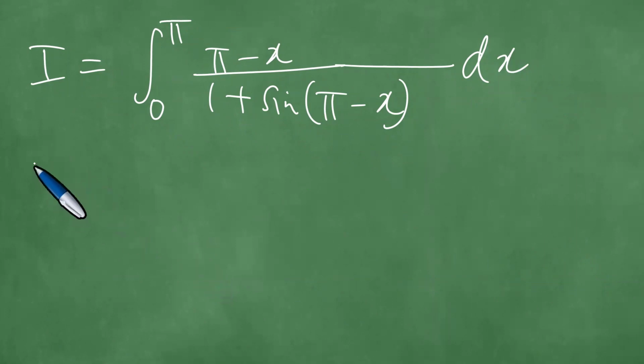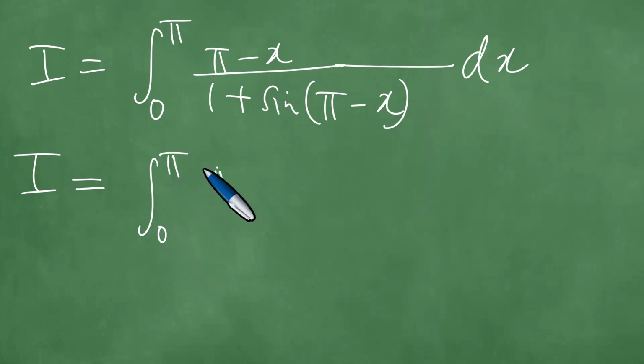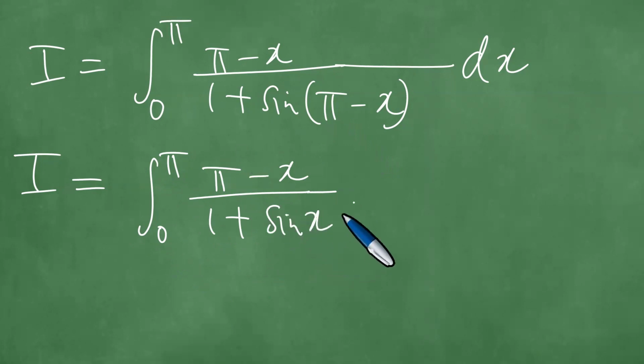Now in the end, what we're getting is as follows. It becomes the integral of pi minus x over 1 plus sine of pi minus x. Now pi minus x is an angle in radians in the second quadrant, in which the sine is positive, and therefore this is what we get.